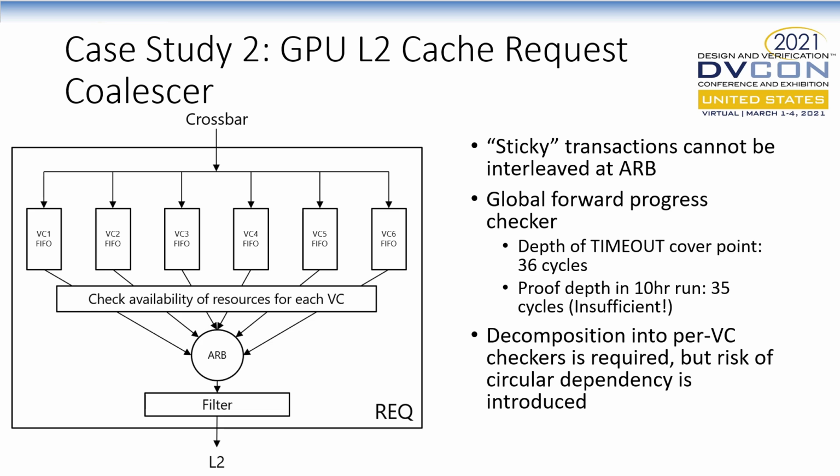Now, if we talk about the global forward progress checker, which is the forward progress checker for the entire system of virtual channels, the cover point for it is hit at a depth of 36 cycles. However, the proof depth achieved for the global forward progress checker is only 35 cycles after a 10 hour run, which is below the minimum threshold.